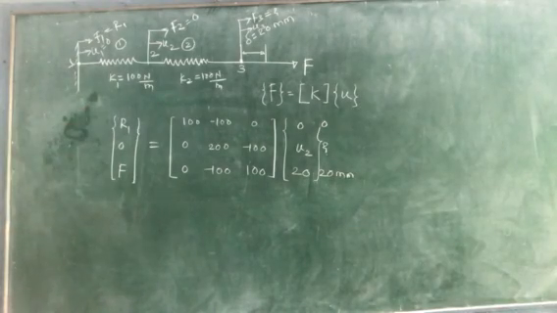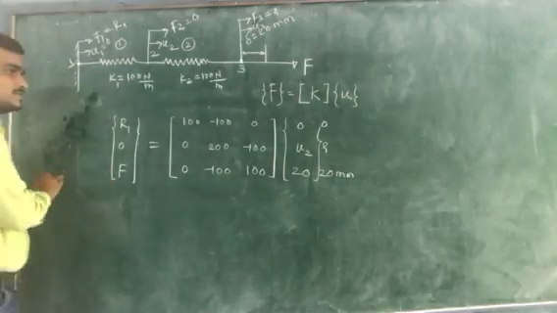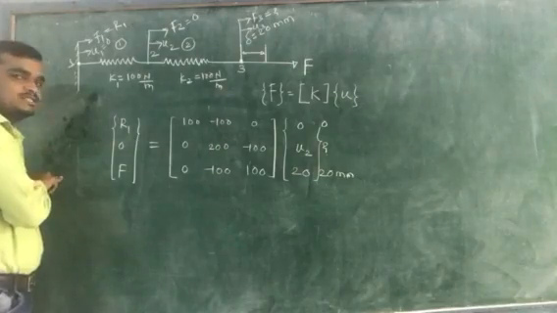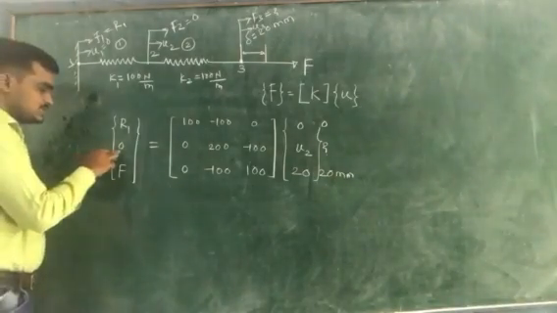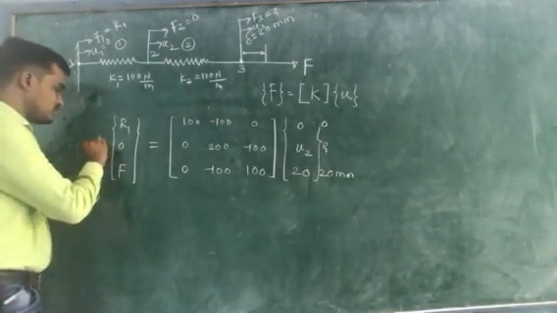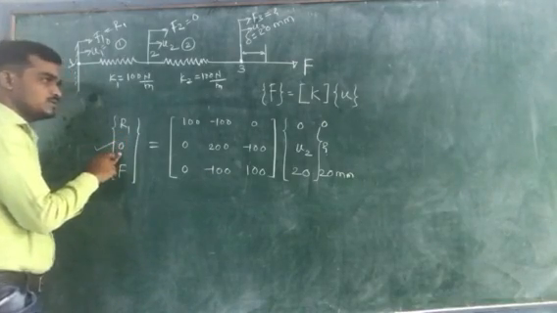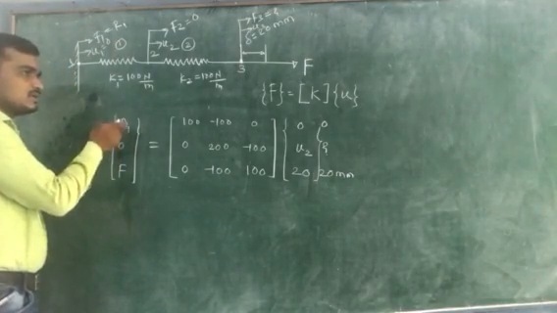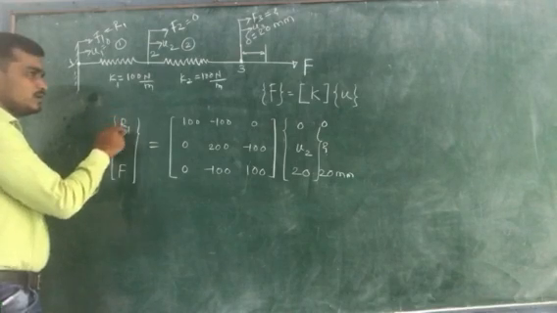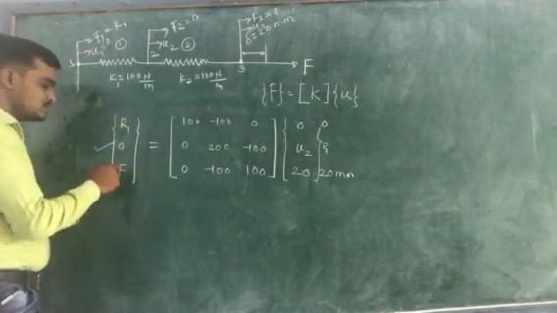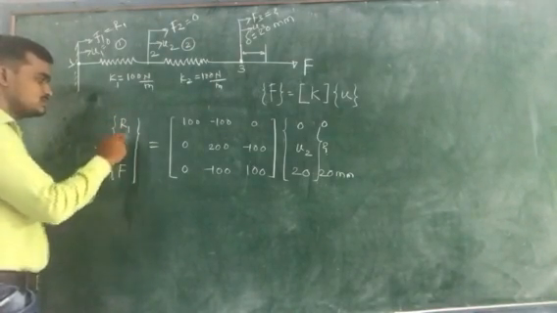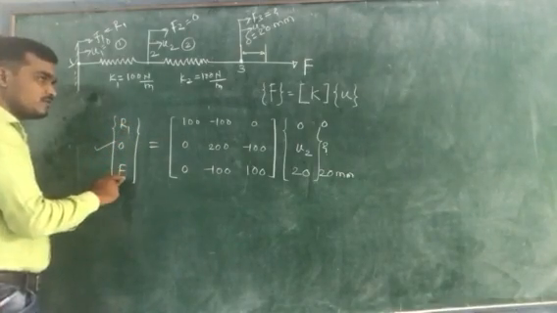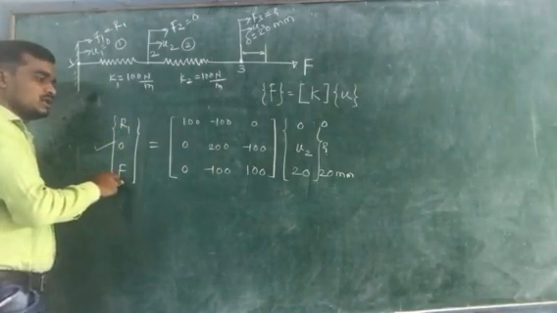From these three equations, at the RHS, which value is known? For the second equation, the value is known, equal to 0. In the first and third equations, the LHS is unknown, meaning this reaction R1 and F are unknown.